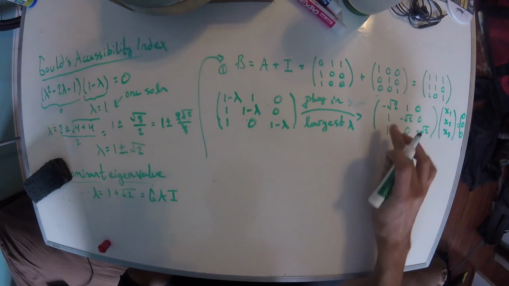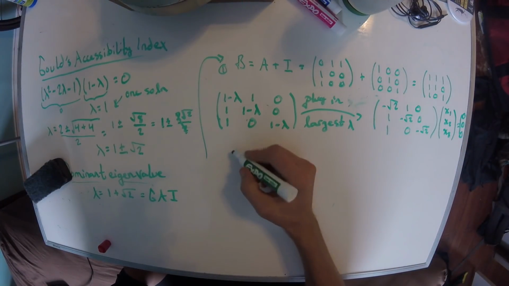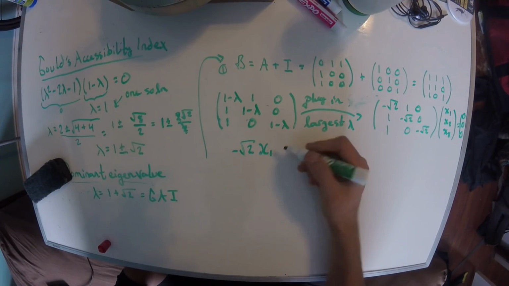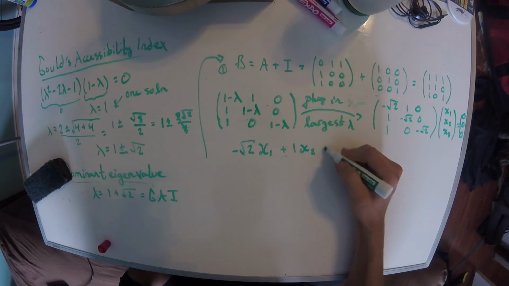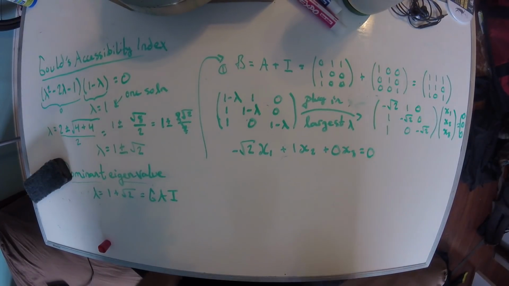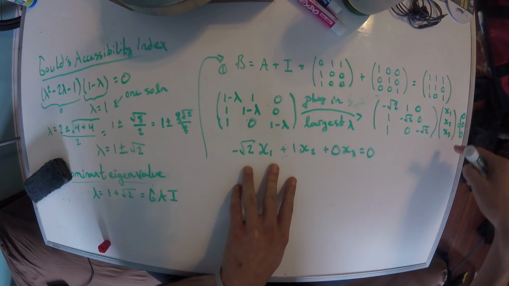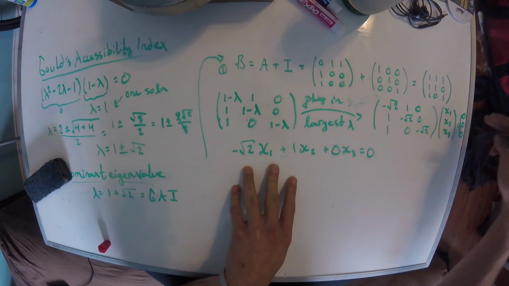So this top row just becomes an equation on its own. It becomes negative root 2 x1 plus 1 times x2 plus 0 times x3 equals 0. So you see how I did that? I just took x1, x2, x3, multiplied it by these 3 things, added them together, they equal 0.